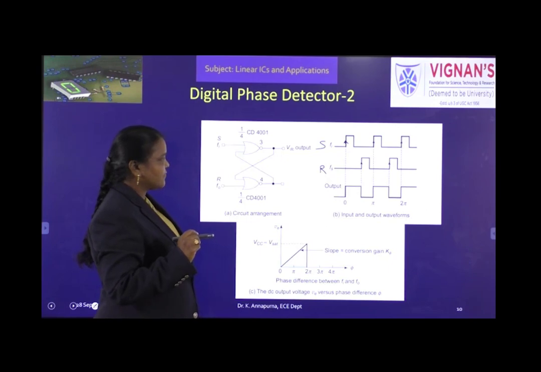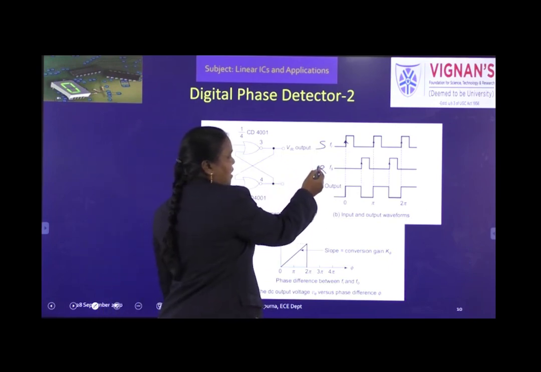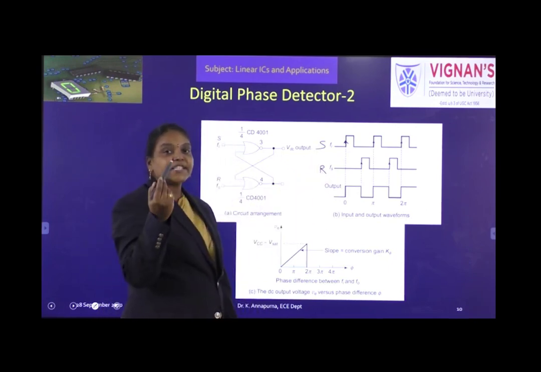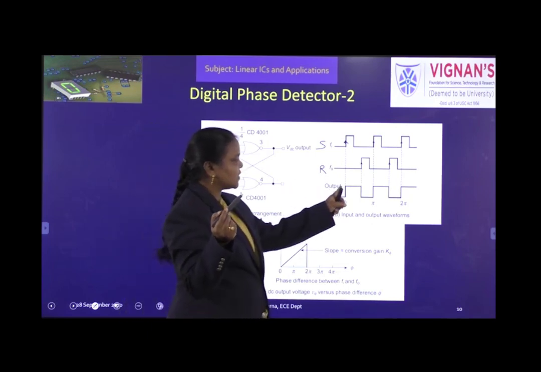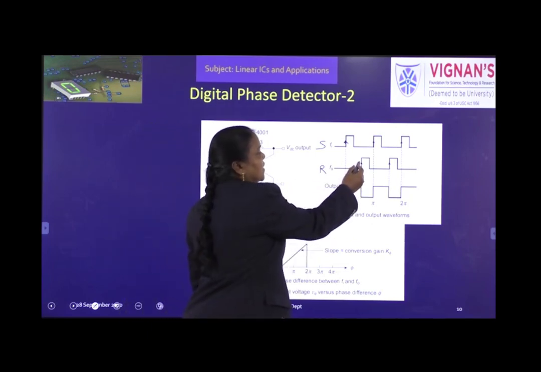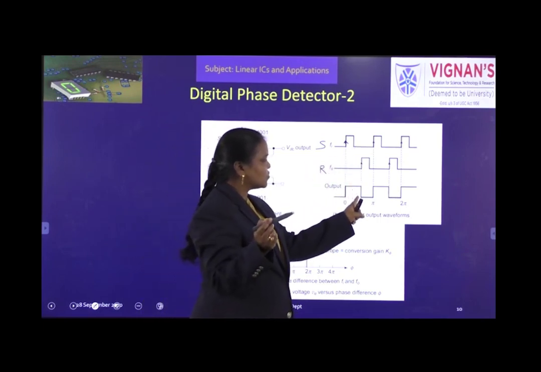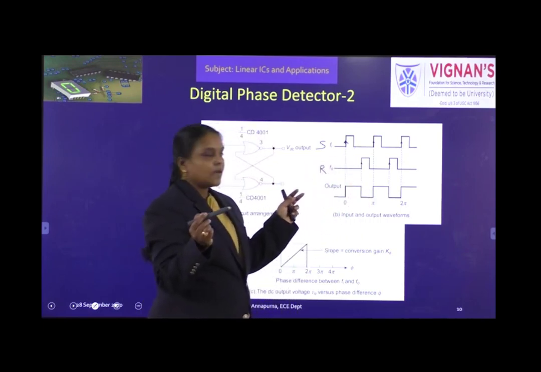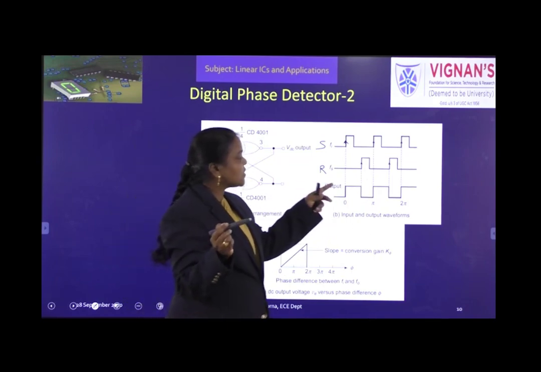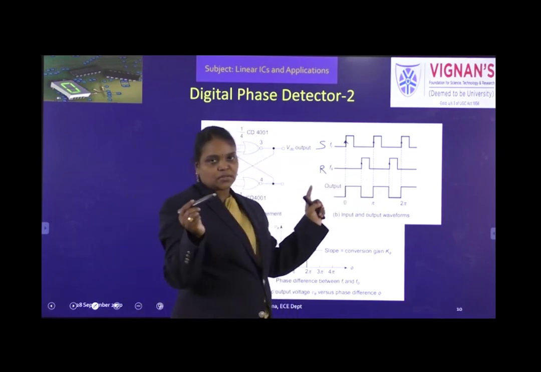You know the RS flip-flop, when S is 1, R is 0 means it sets the flip-flop. That means output becomes 1. And next, when R is 1, S is 0 means it resets. That means output goes to low. Right? And it changes its output only on positive edges.